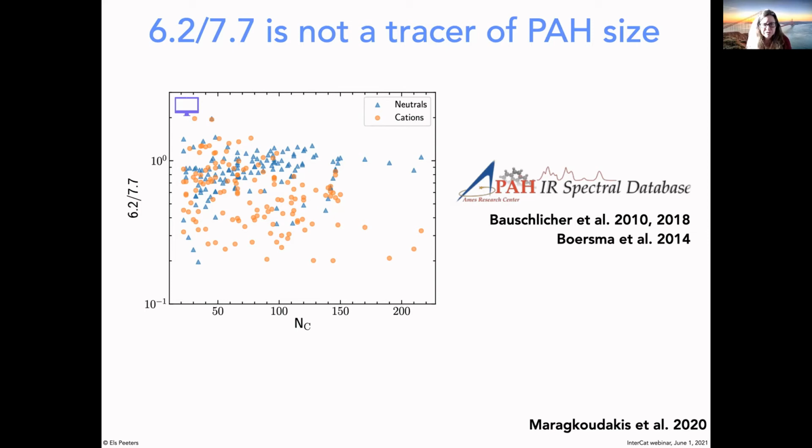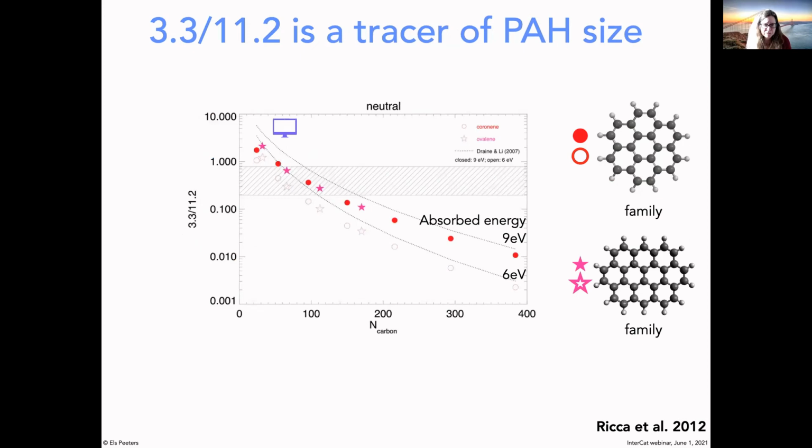And so 6.2 over 7.7 is not a tracer for PAH size. However, it has been used extensively on Spitzer data because Spitzer had only access starting at 5 micron and longer wavelengths. And so we could not explore the other tracer, which is the 3.3 and 11.2.